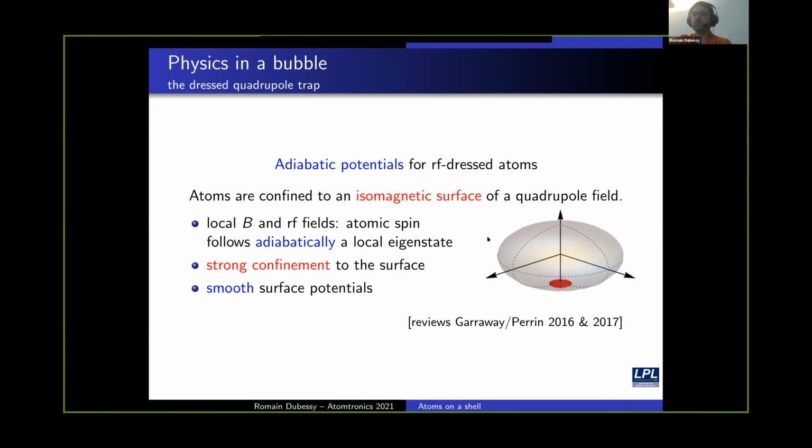We will select one isomagnetic surface through a resonance condition, and I will show it in more detail in the next few slides. Basically what you get with this kind of technique is a strong confinement to the surface and very smooth surface potentials, as we heard previously.